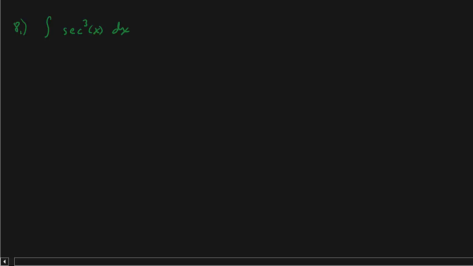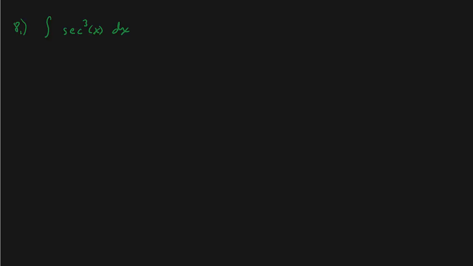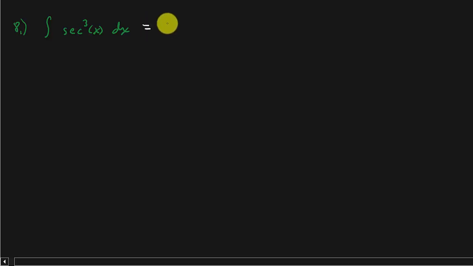Well, if you remember from the beginning, if you remember the notes, it tells us what to do if the power of secant is even, and it tells us what to do if the power of tangent is odd. We don't have any of that. All right. So let's just go ahead and write this as secant x times secant squared x dx.